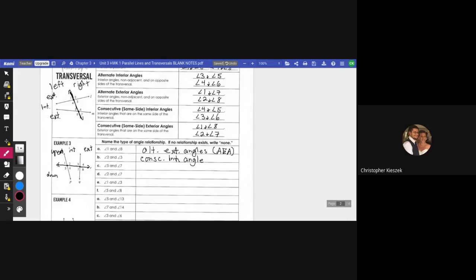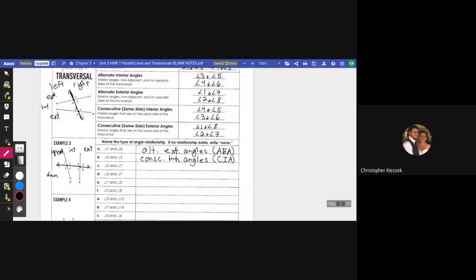Again, to abbreviate it, we could call it CIA. Rather than using same side, it's more common to see consecutive, and more professional, I guess you could say. But just want you to know that you can see them either way.